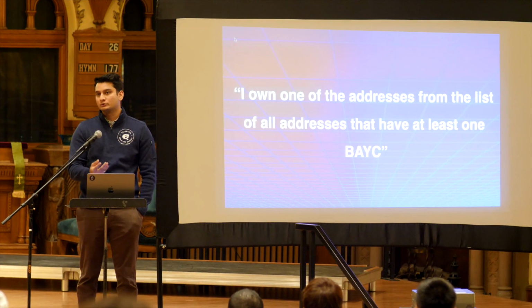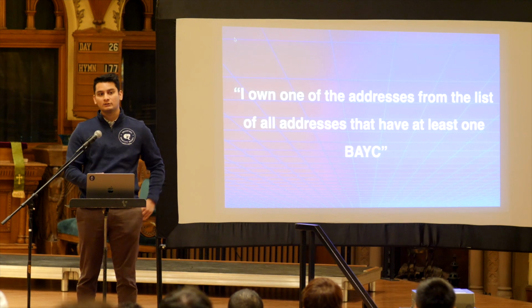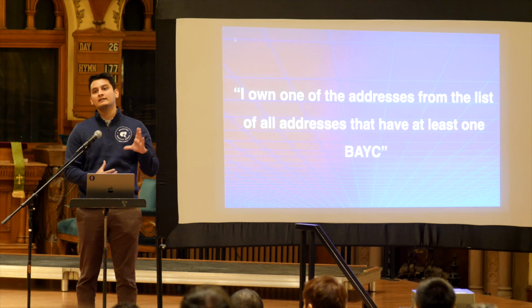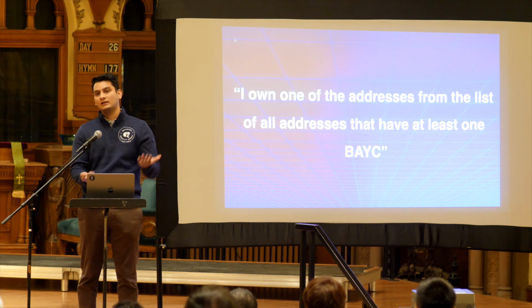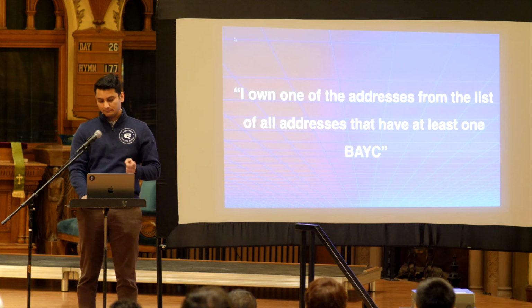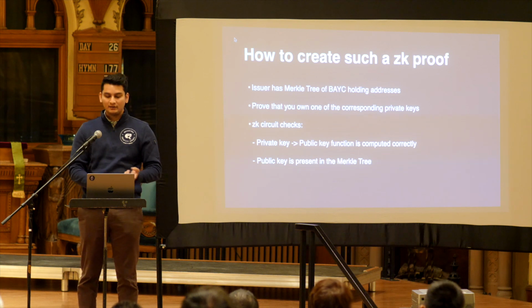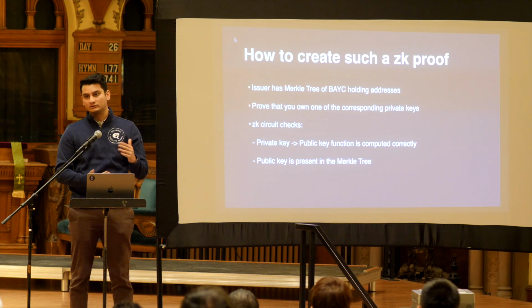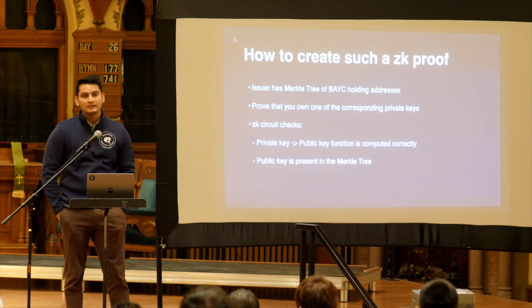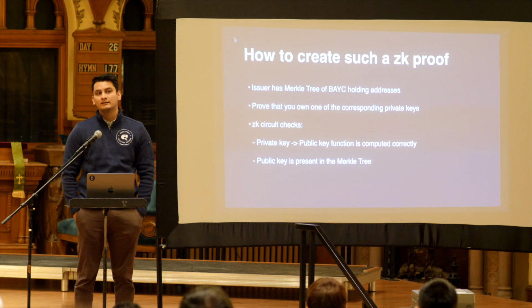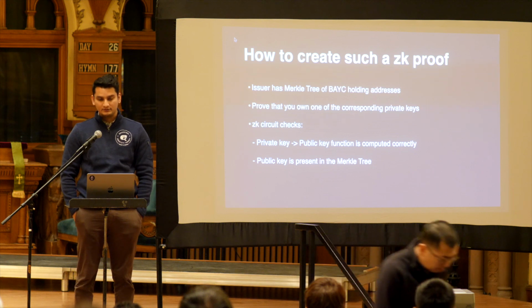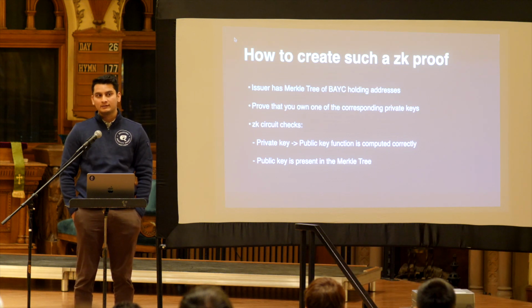And then perhaps you sign a message using that address, and all of this information is checked inside a zero-knowledge proof, right? Or you just say that you own the keys to that address, and the relationship between the public key and private key is then computed within the zero-knowledge proof, right? So the keys are fully hidden. You don't know the address of the person, yet you find out that they actually do own one of the addresses which has this particular collection, right?